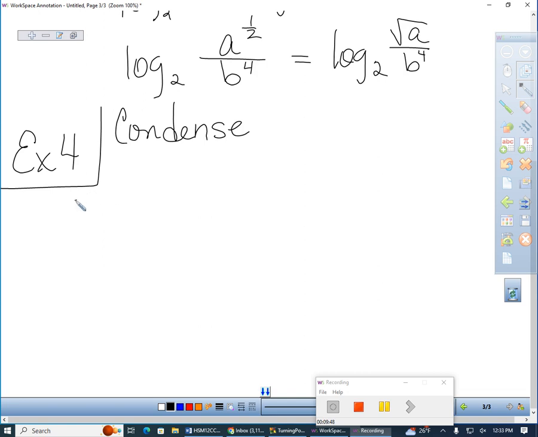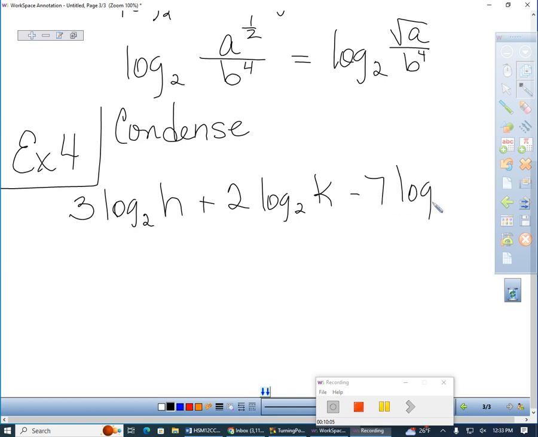Are you ready? Let's go with 3 log base 2 of h plus 2 log base 2 of k minus 7 log base 2 of w.